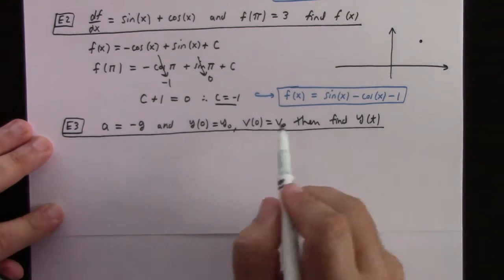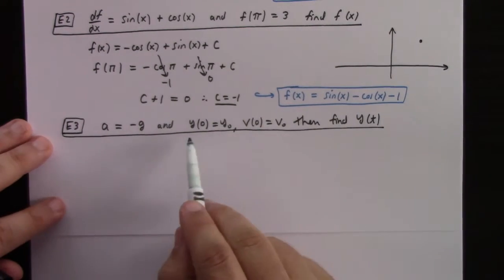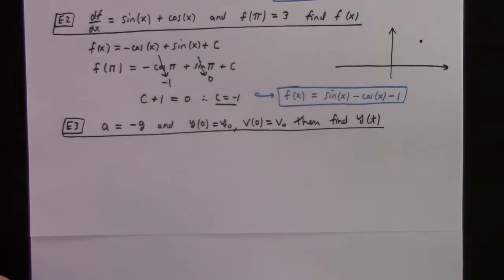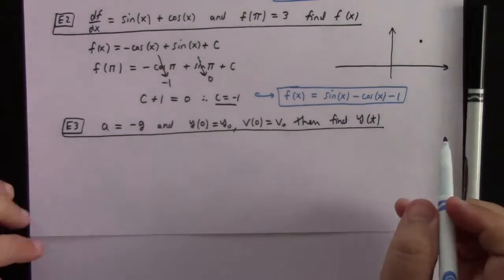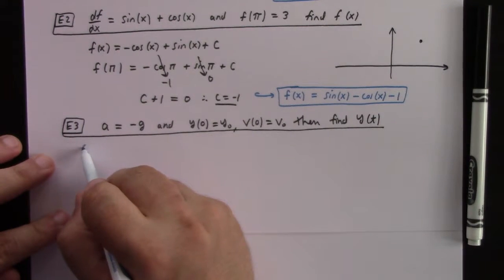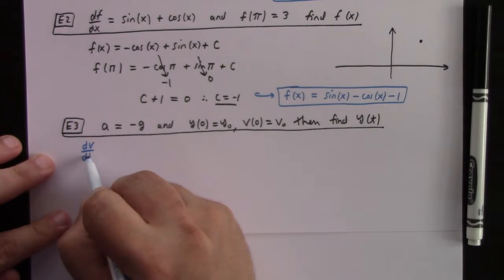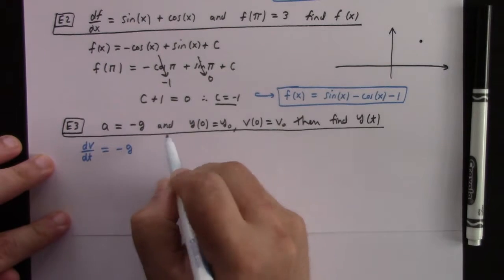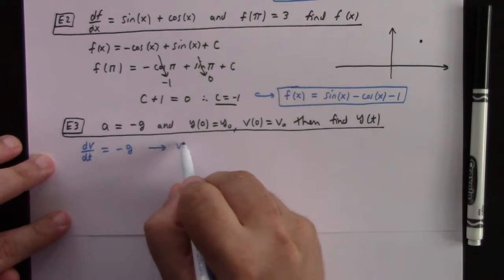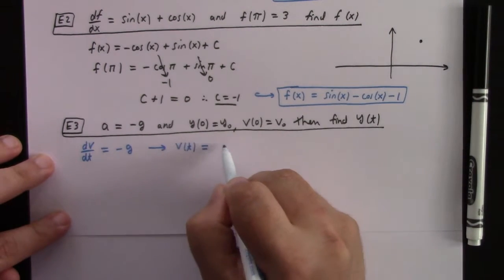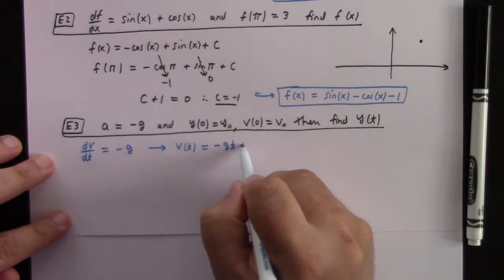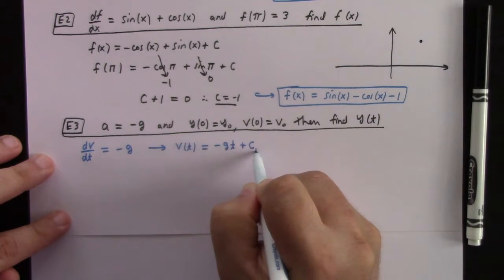So this time, we need two initial conditions. So this is a two-step calculation. First of all, we solve the initial value problem for velocity. So we have dv/dt equals minus g. So that tells me that v of t is equal to minus gt plus some constant. Let me call it c1.